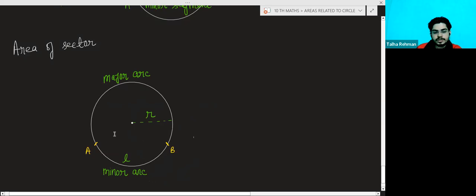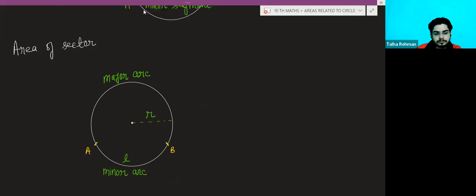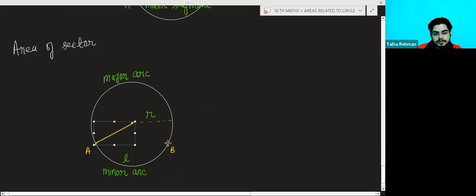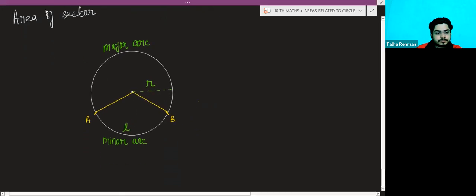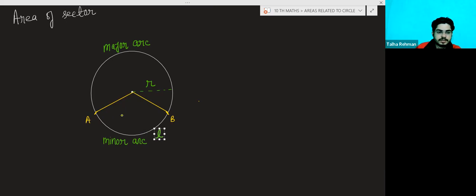If you join this point A of the arc with the center like this, and like this, this area will be the area of the minor sector. First, we will calculate the area of the minor sector.